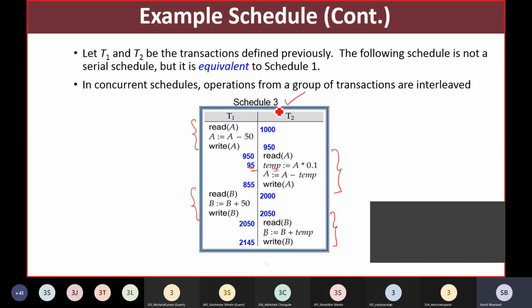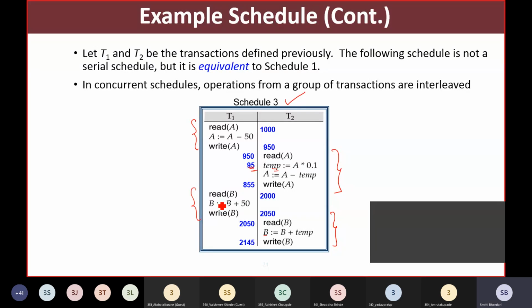Right? So this is the concurrent execution of transactions. This schedule is having the interleaving of the instructions from T1 and T2. Right? But if you observe, this schedule is having the same order of instructions with respect to each individual transaction.